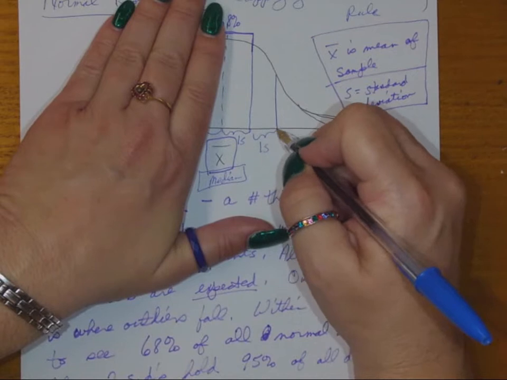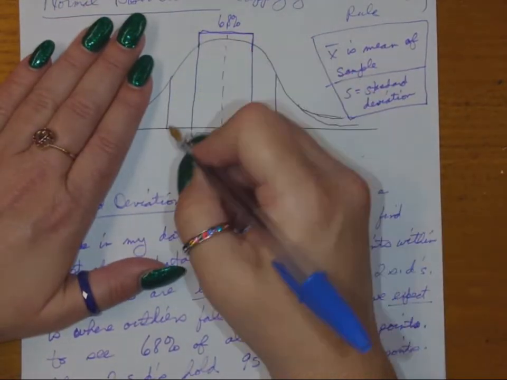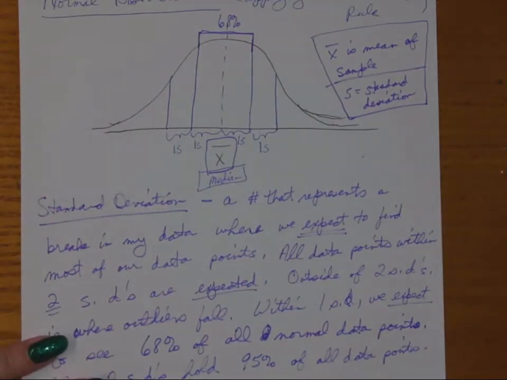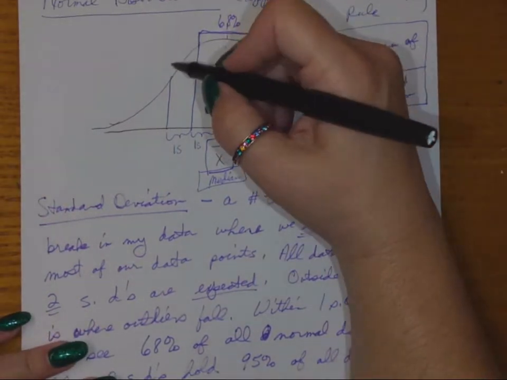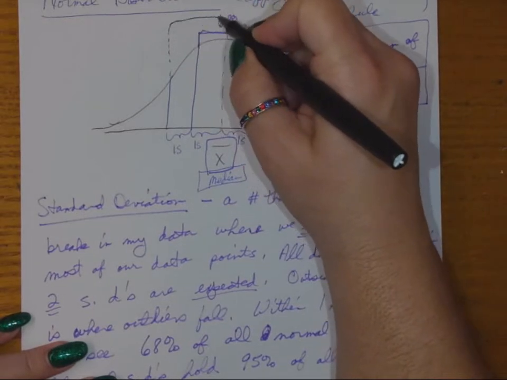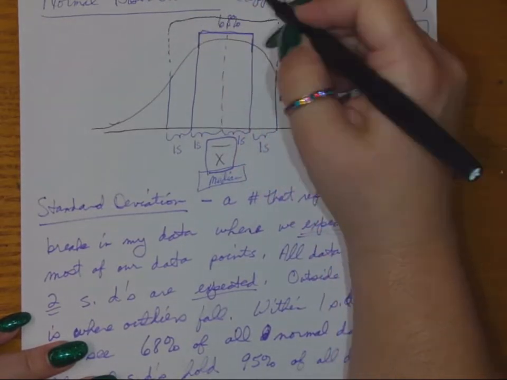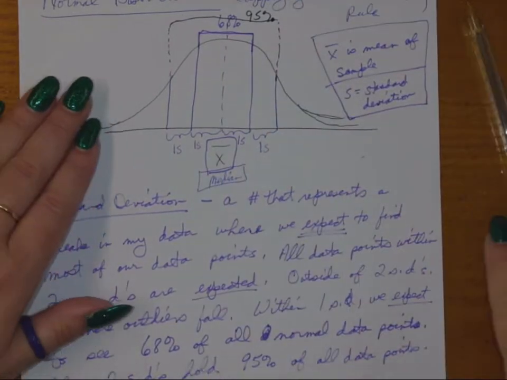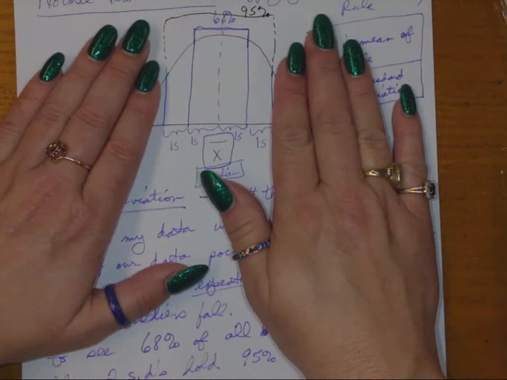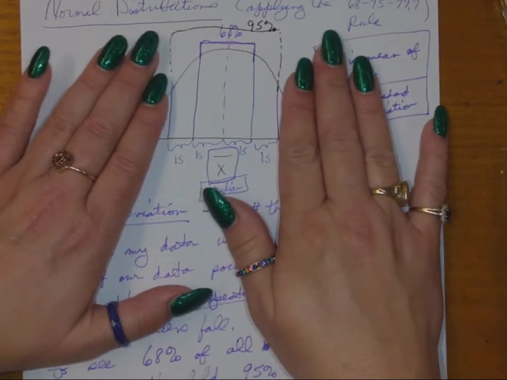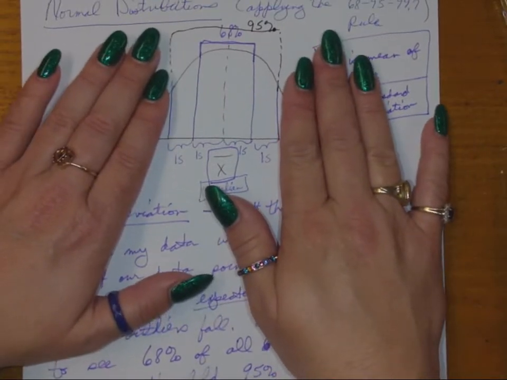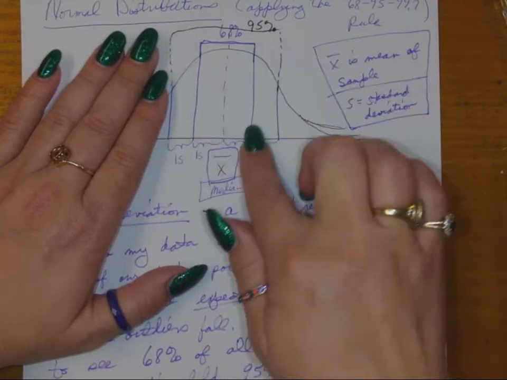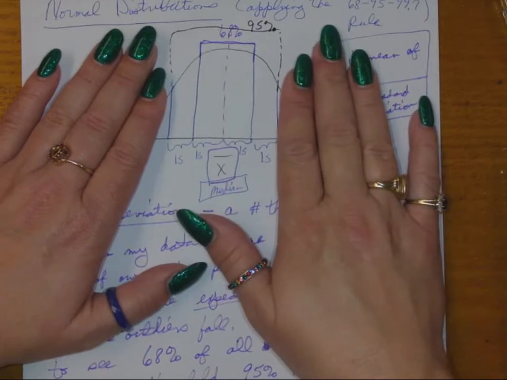Here's another standard deviation, and 2 standard deviations below. Okay, so within that crunch of stuff, we expect to see 95% of our data. Okay, well that again should hopefully make sense because we're looking at a huge chunk of the data right there in the center of my graph.